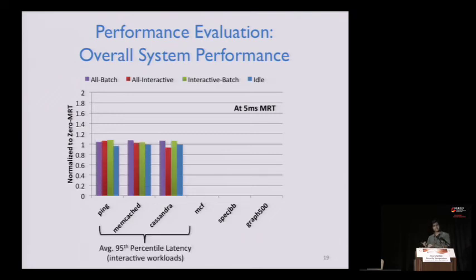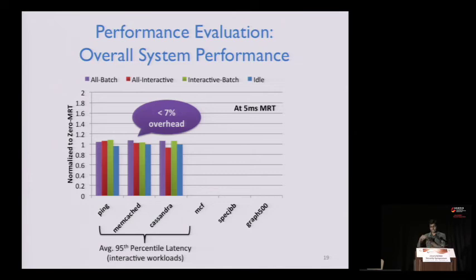So the first three sets of measurements show the 95th percentile latency, that is the tail latency of client requests. And what we see is that we observe an overhead of less than 7%, even in the tail latency, with a very high MRT value of 5 milliseconds.